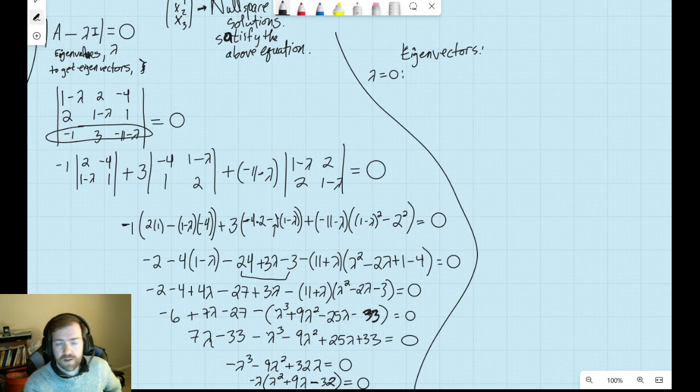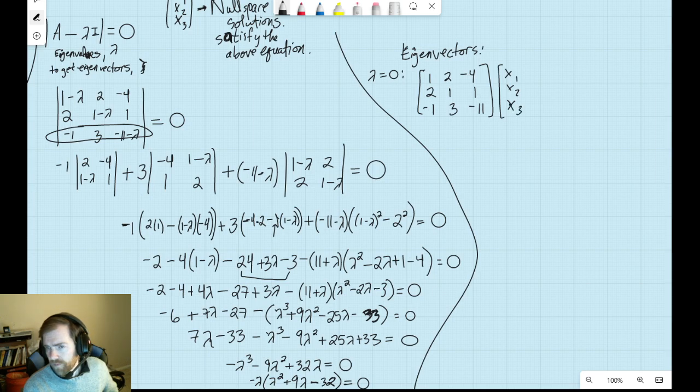When lambda is 0, we end up getting our matrix that we started with. So 1, 2, negative 4, 2, 1, 1, negative 1, 3, negative 11. And we assume that we want x1, x2, x3, and it needs to be equal to the 0 vector.